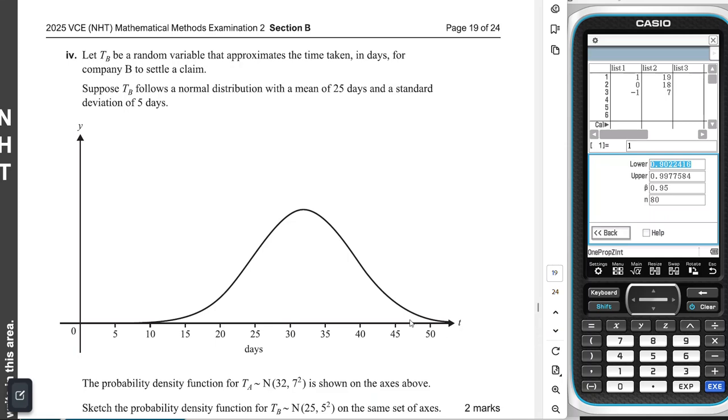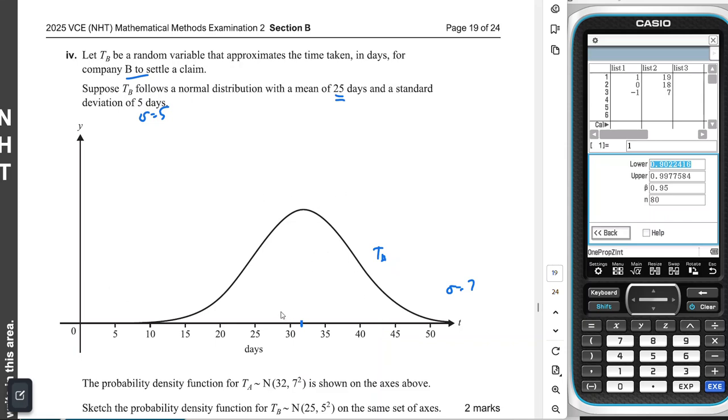Let TB be a random variable approximating the time taken for company B to settle a claim. So this is T of A, with a mean of 32 and a standard deviation of 7. This is going to have a mean of 25 and a standard deviation of 5. Sketch the probability of T of B on the same set of axes.